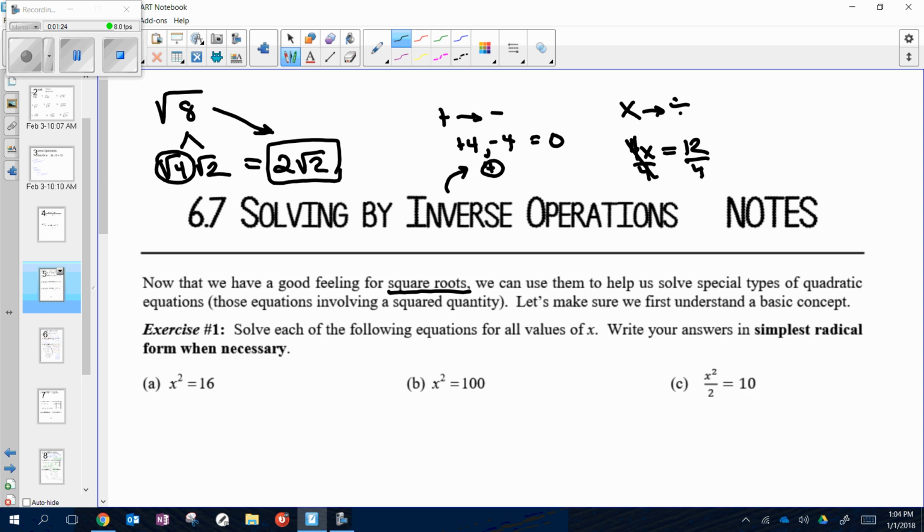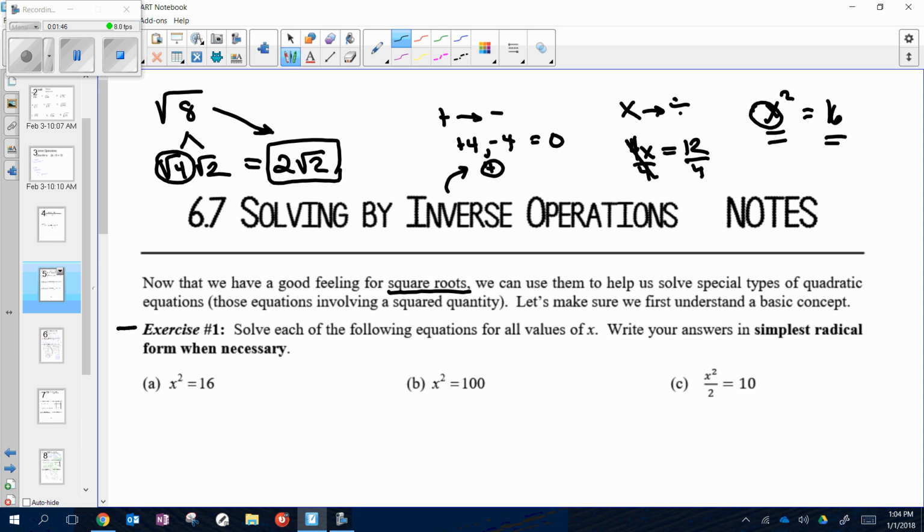So you're using division to undo multiplication. And one more thing, the opposite of squaring something is to take a square root. So in our very first example, we're going to look at how to use square roots to get x alone.